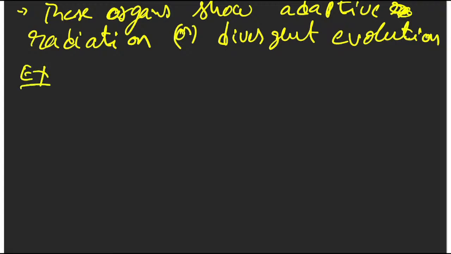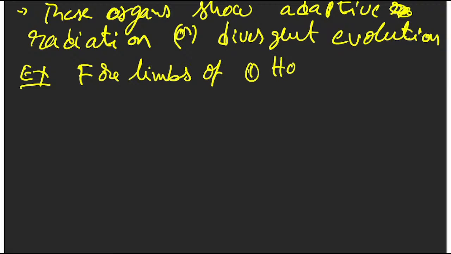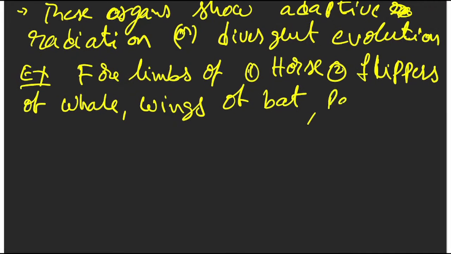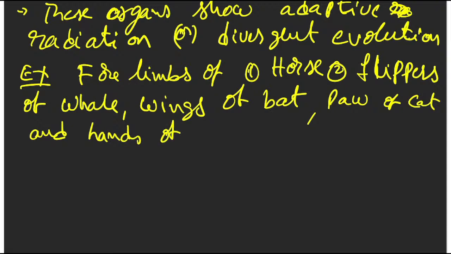Examples of the homologous organs: forelimbs of horse, flippers of whale, wings of bat, paw of cat, and hands of man.